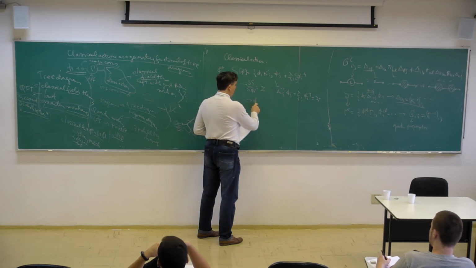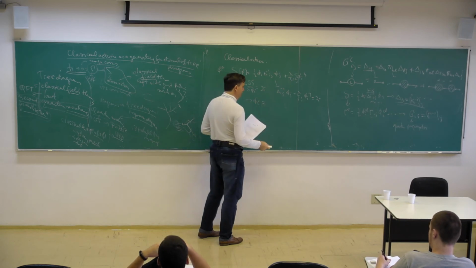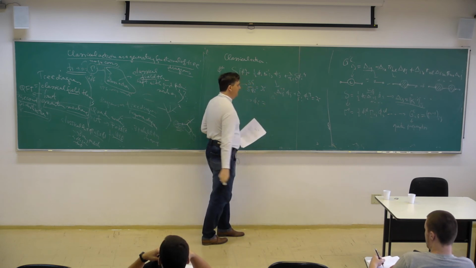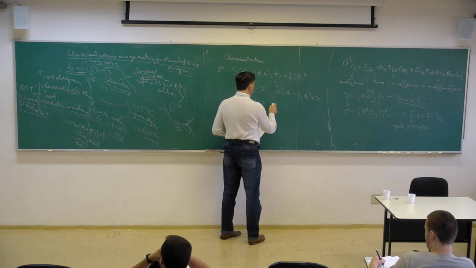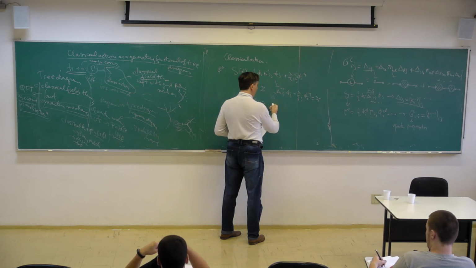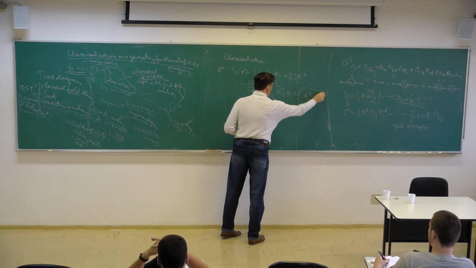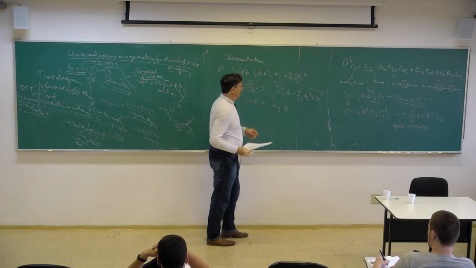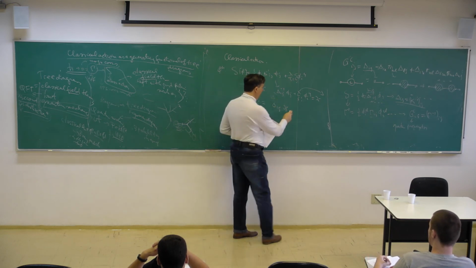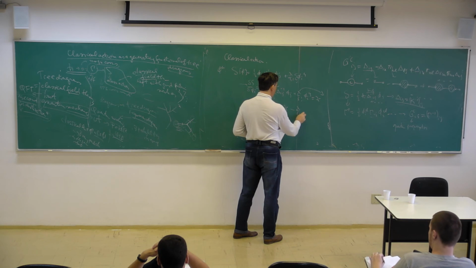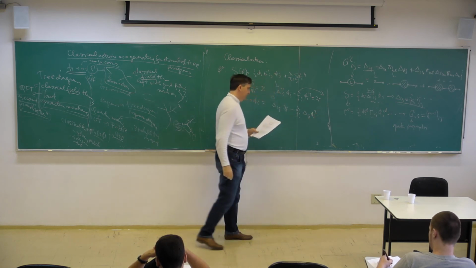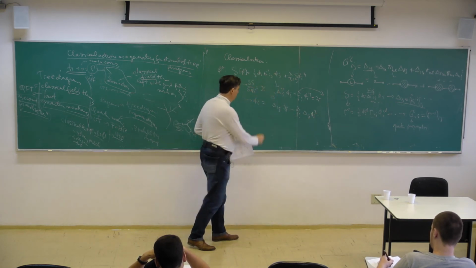The classical solution is obtained by multiplying with Delta from the left and putting this term to the right. So it's Delta_ij J_j, and then minus lambda over 3 factorial Delta_ij phi_j cubed.